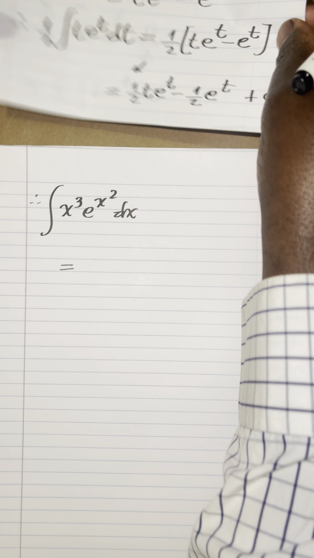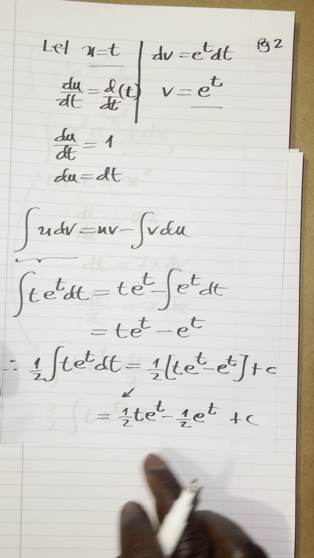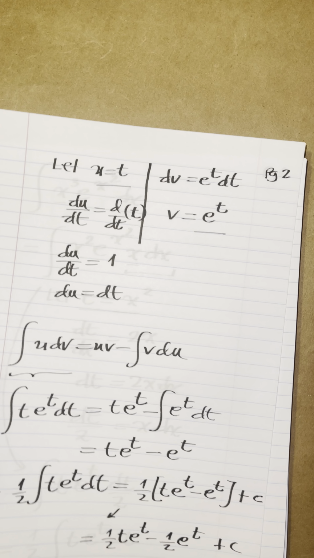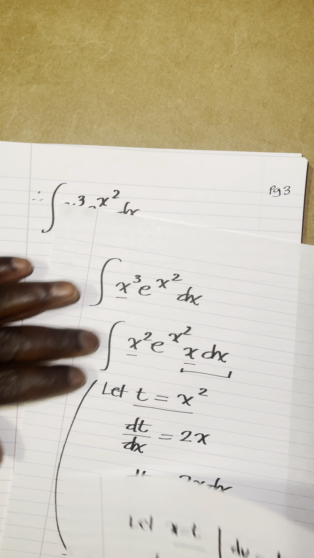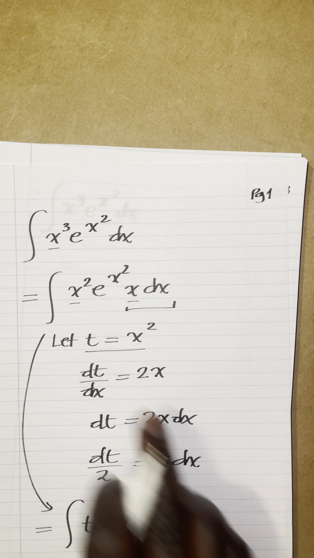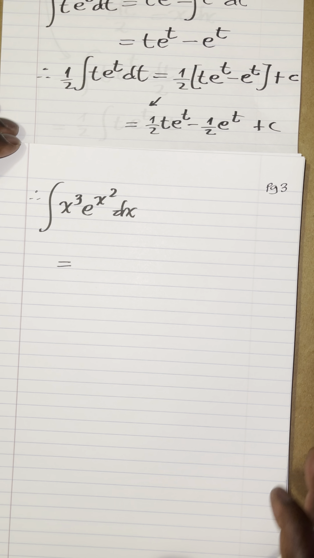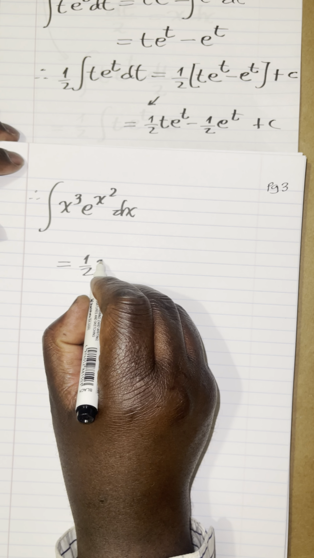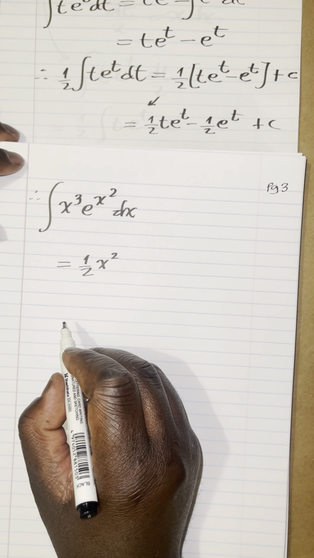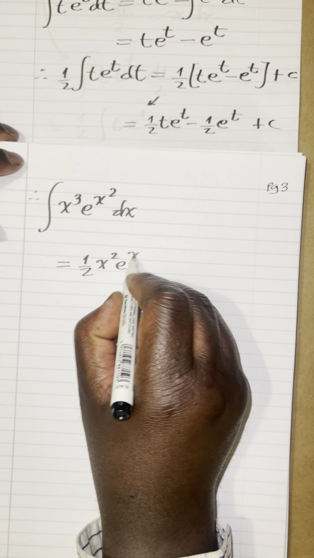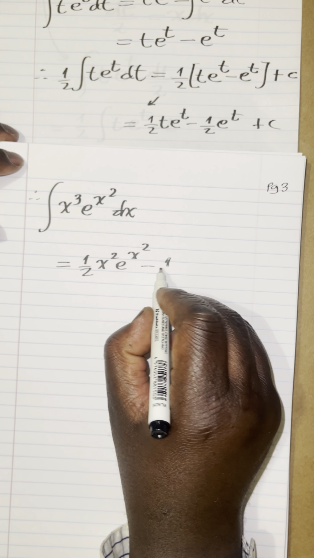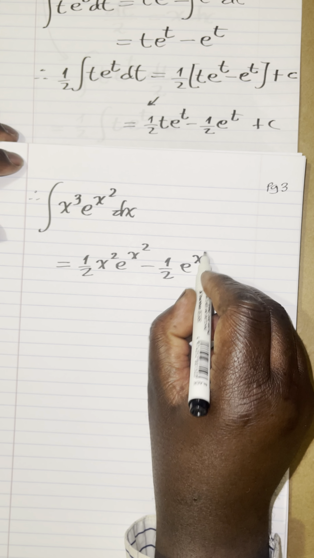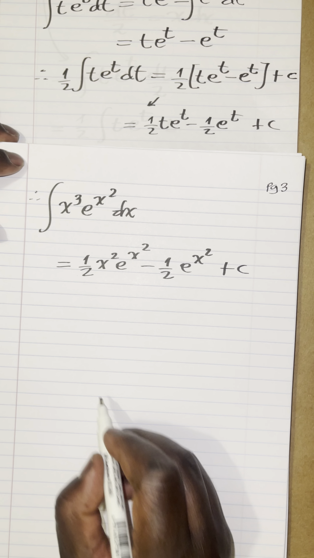Where there's t, I must put my original variable, and the connection is that, as you can see here, t is equal to x squared. So this solution simplifies to half x squared e to the power x squared minus half e to the power x squared, and then I have to say plus c.